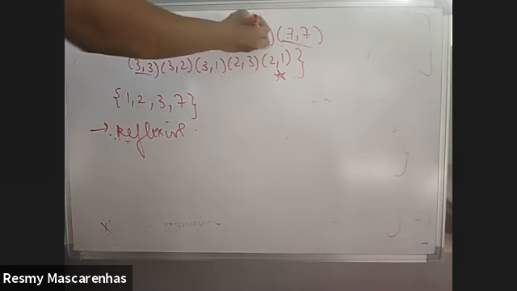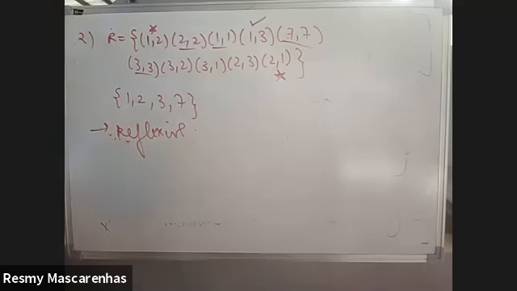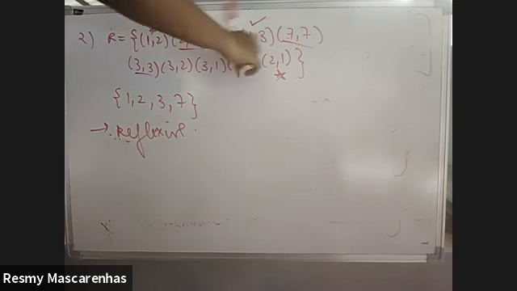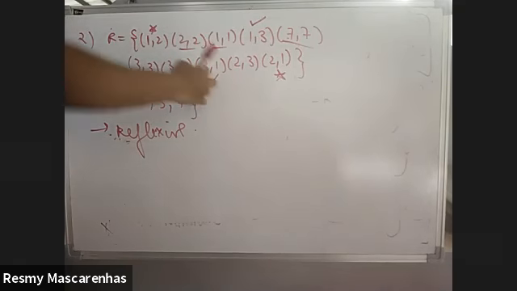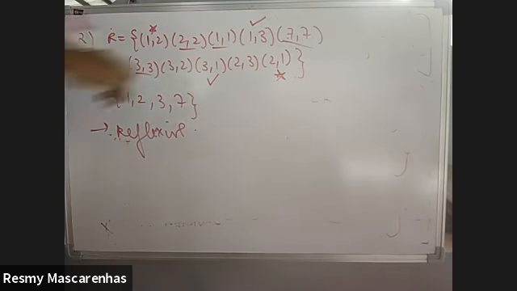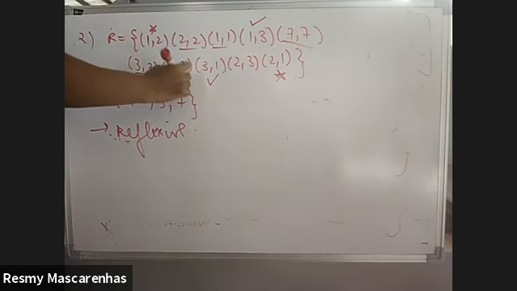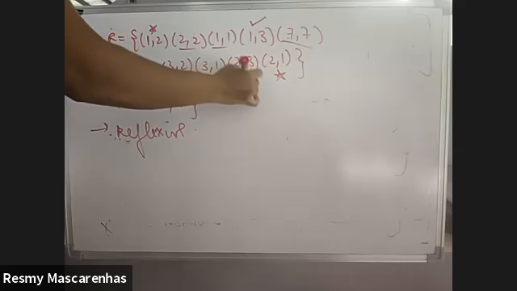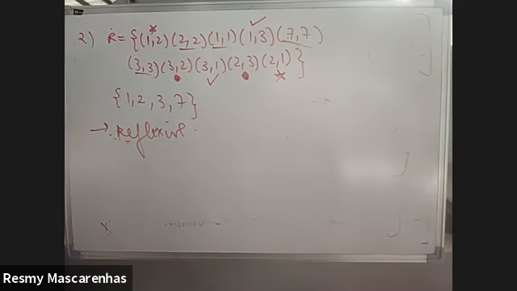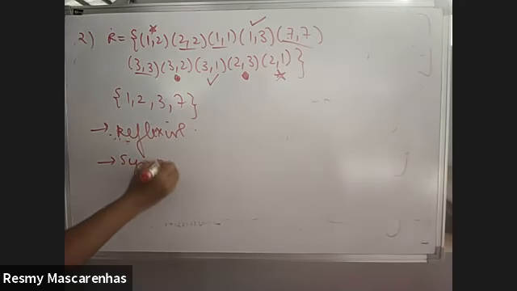Now 1 comma 3, its reverse is 3 comma 1. It is there. Then 3 comma 2 and 2 comma 3. So all the pairs, its reverse is also there. Therefore it is symmetric.